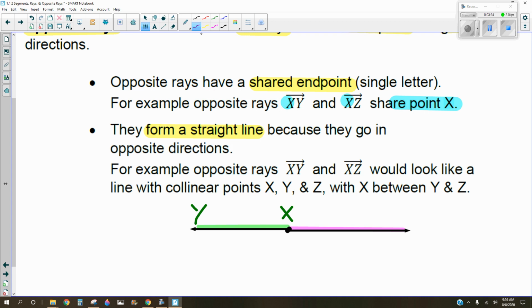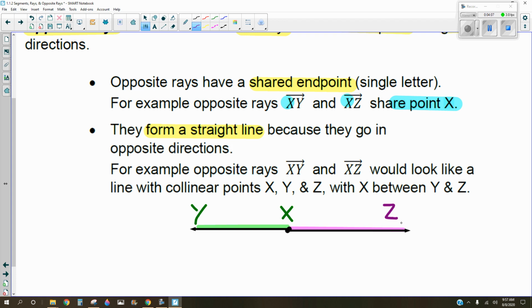So I'm going to say it went from X toward Z. You notice how the green ray moves to the left from X to Y, and the purple one goes from X to Z, moving to the right. They're going in opposite directions, but they share a middle point. And if you step away from the screen, it's going to look like a straight line with three collinear points. And in reality, it's two rays parked right end to end with each other.